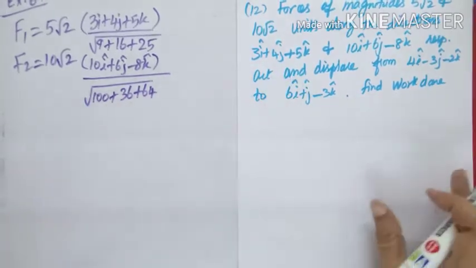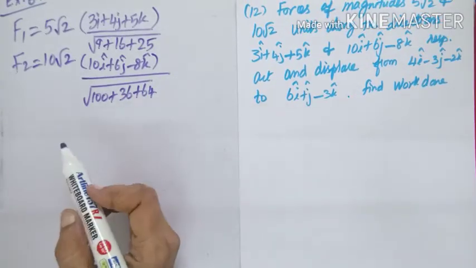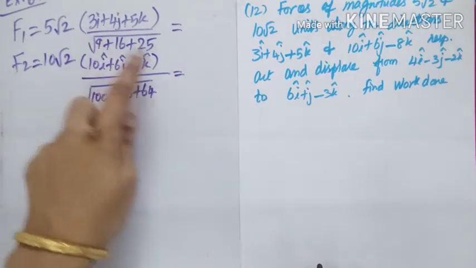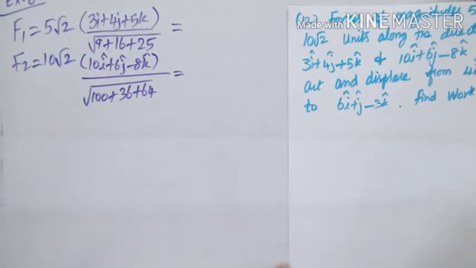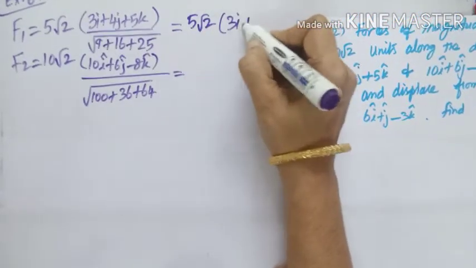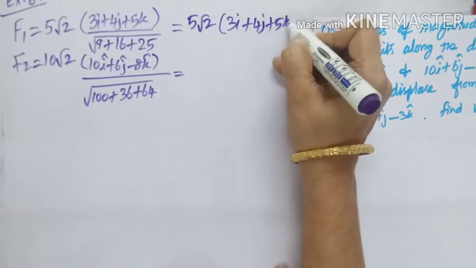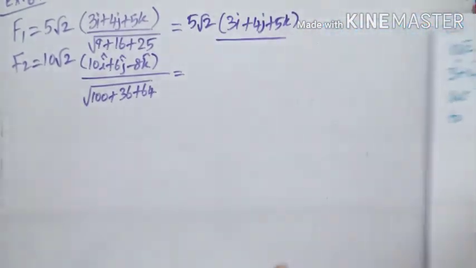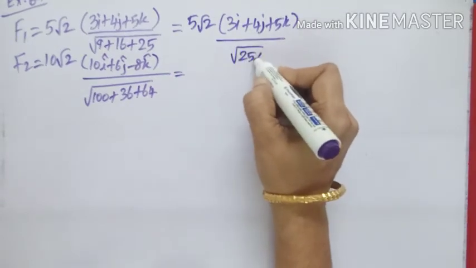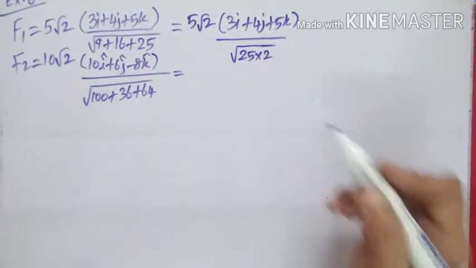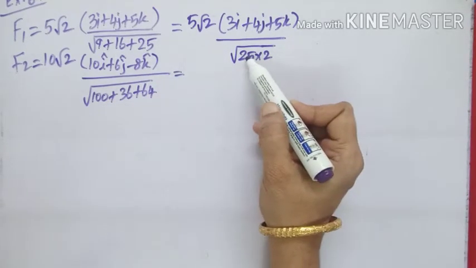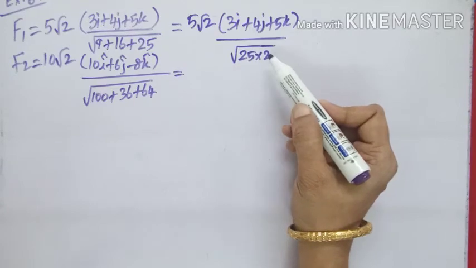So we simplify and I get F1 and F2. What is 9 plus 16, 25, 25 plus 25? It is 50. So 5 root 2, 3i plus 4j plus 5k divided by square root of 50. 50, I can write as 25 into 2. 25 square root is 5, 2 square root is root 2.